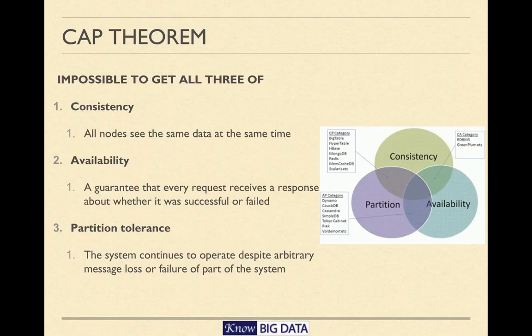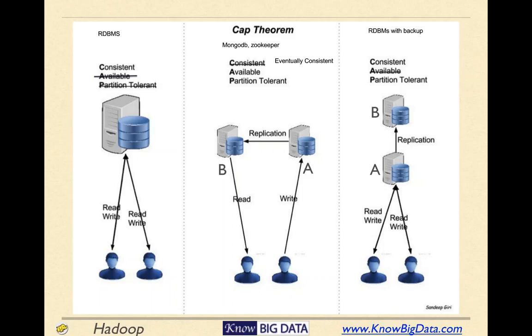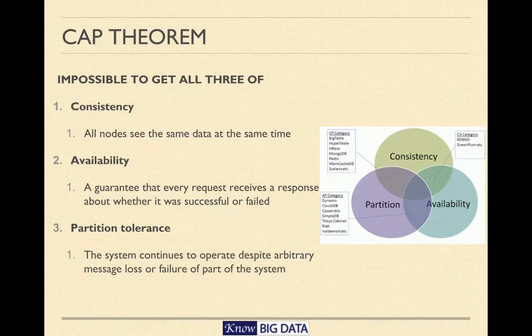All right, now let me try to explain why this CAP theorem is valid. I've thought about it again and again. I've gone through their paper multiple times to try to figure out how I can best explain the CAP theorem. They have tried to make it too technical. I'm trying to make it really simple to understand.